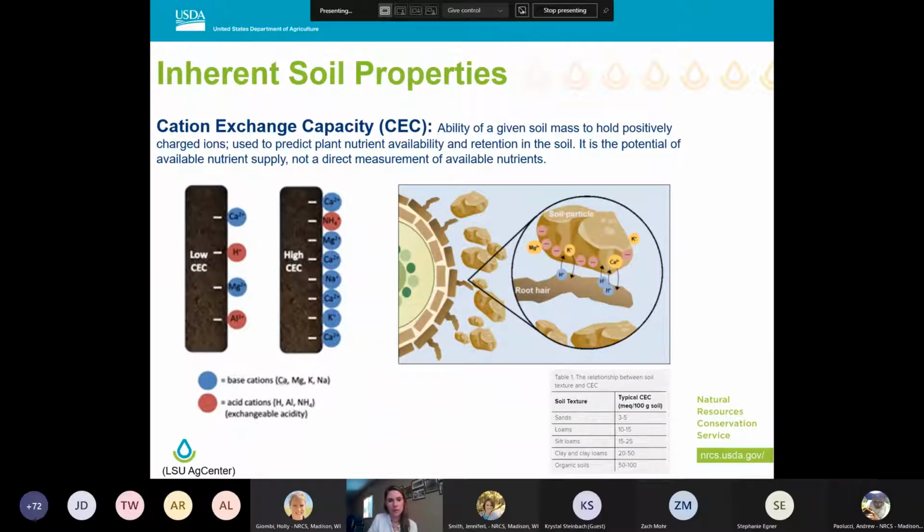If you have a low CEC soil, you can have nutrient deficiencies and leaching losses. pH can change easily with soil amendments or irrigation. You might need more fertilizer in these environments. High CEC soils have greater buffering capacity. They can resist change to pH, with greater retention of nutrients, reduced leaching losses, and generally higher fertility and productivity. Next slide, please.